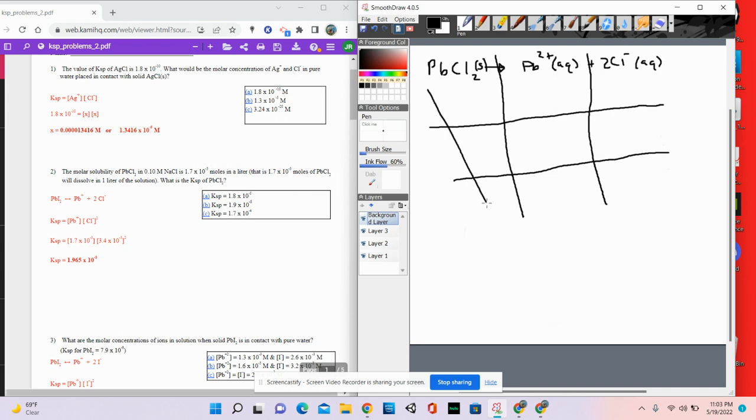The next step, we are creating an ICE table to find the concentrations of each of these substances. We can ignore lead chloride because it is a solid, and we can assume that the concentration of the lead in the beginning is 0.